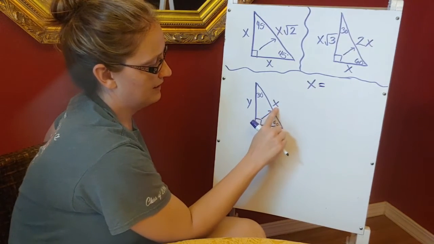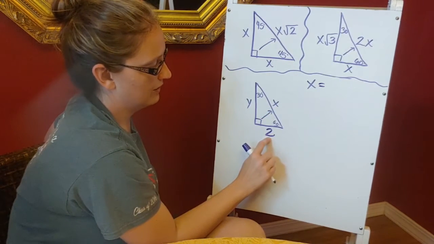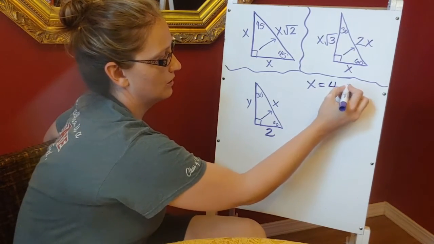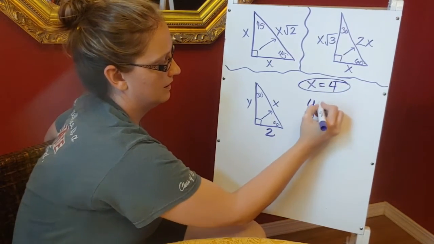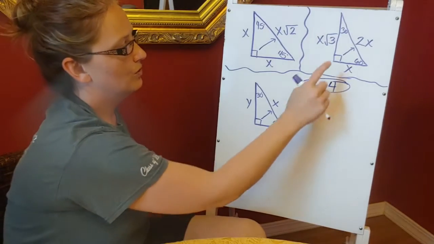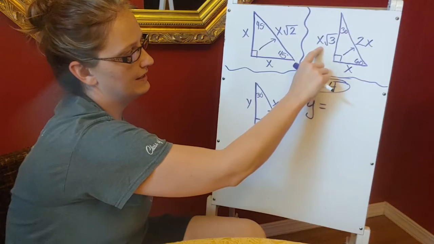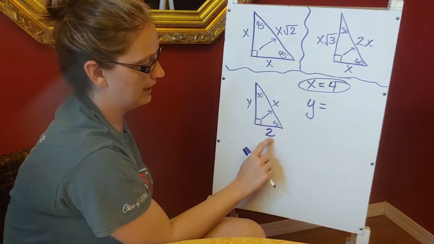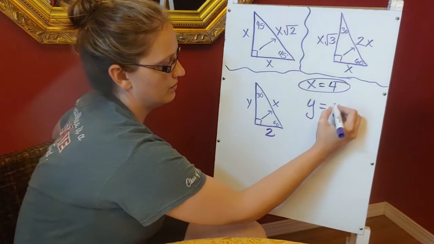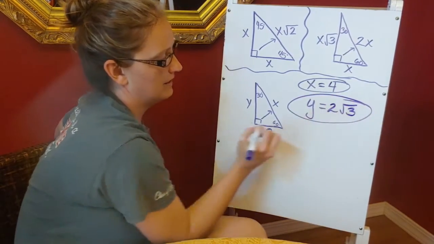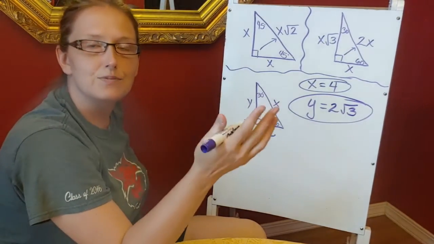So 2 times 2 is 4. And then if I'm looking for my long leg, I'm taking whatever my short leg is times the square root of 3. Well, if my short leg is 2, then my long leg is just my short leg times the square root of 3.